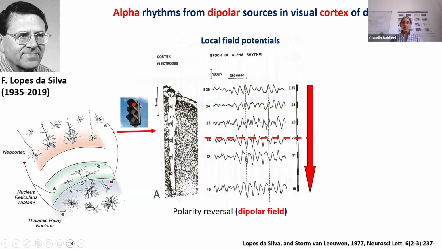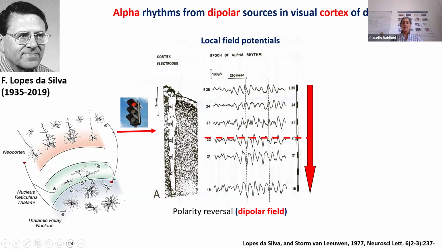And this demonstration showed that the generator of this alpha EEG activity is localized halfway between the surface and the deeper cortical layers.